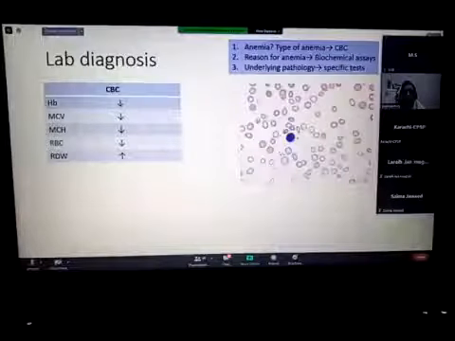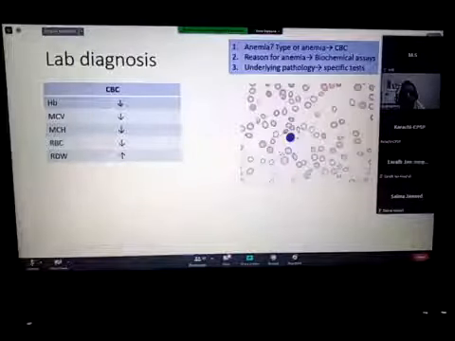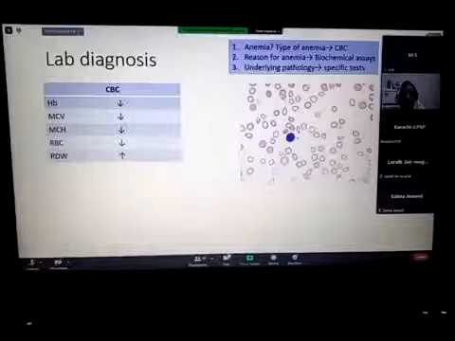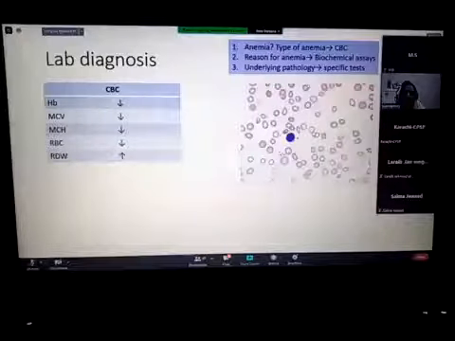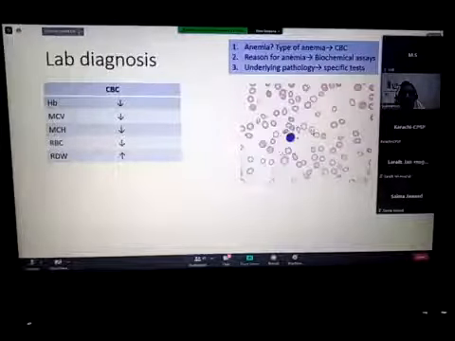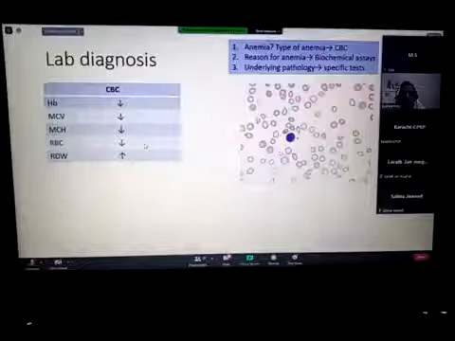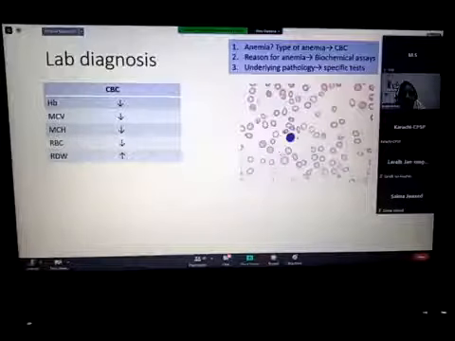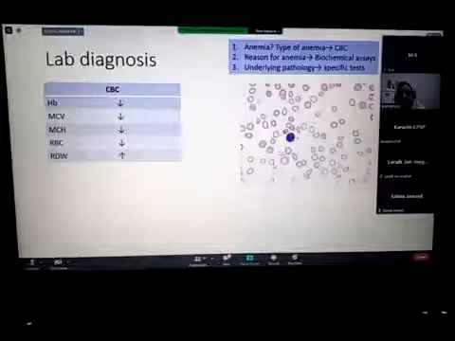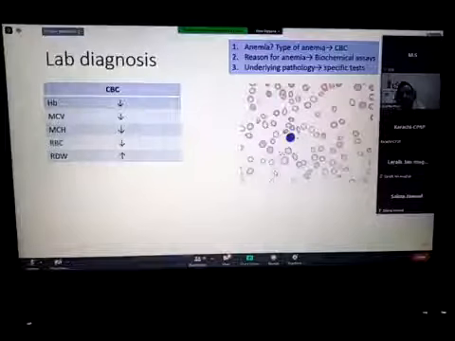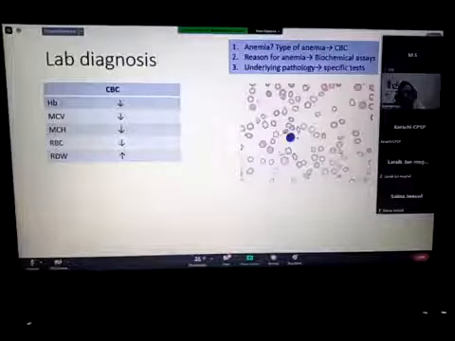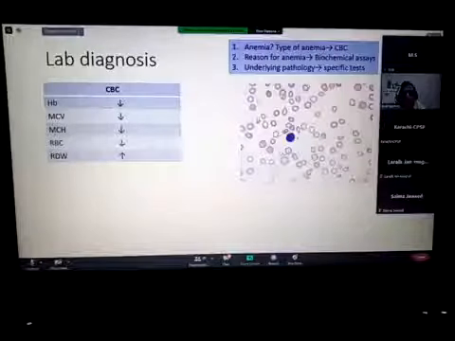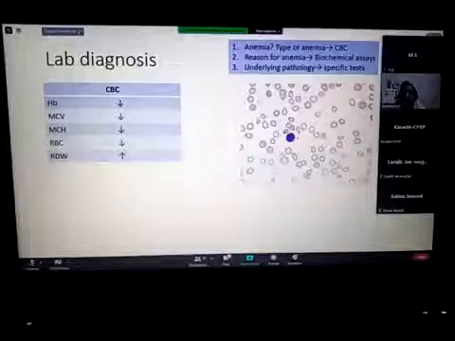For example, in case of iron deficiency anemia, the hemoglobin will be low, and since the red cells are hypochromic and microcytic, you can see here the cells are smaller, the central pallor is increased, so MCV and MCH are low, RBC count becomes low, and red cell distribution width, which is a measure of anisocytosis of red cells, is also increased, which means some of the cells are very small, some are larger, because they are at various stages of formation of red cells, and they represent various degrees of anemia which is progressing over a period of time.